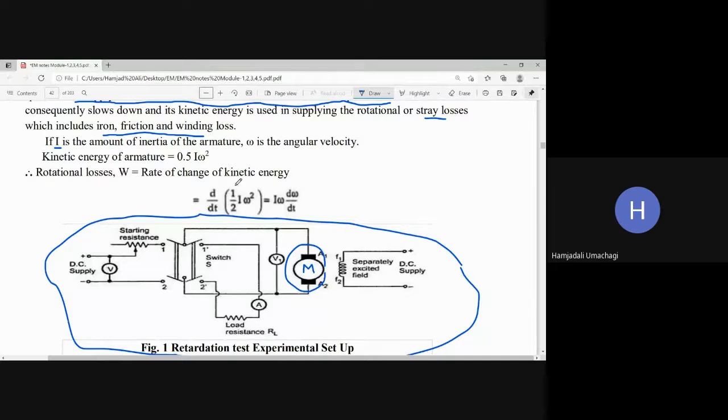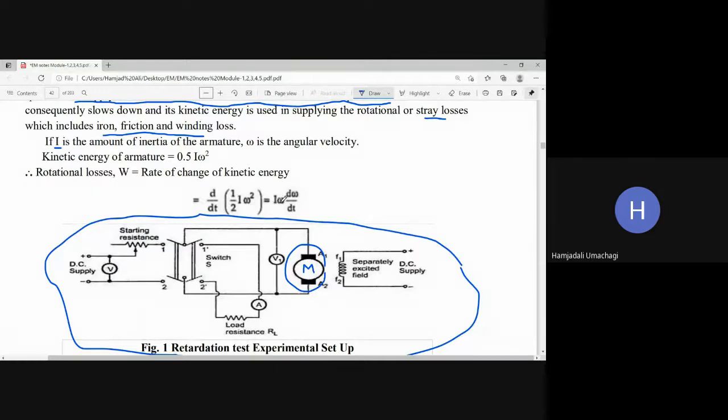So rate of change of kinetic energy is d by dt of half I omega square. Rate of change of kinetic energy means derivative of kinetic energy with respect to time, so you need to differentiate with respect to time. If you simplify this derivative, you are going to get half I into 2 omega d omega by dt.